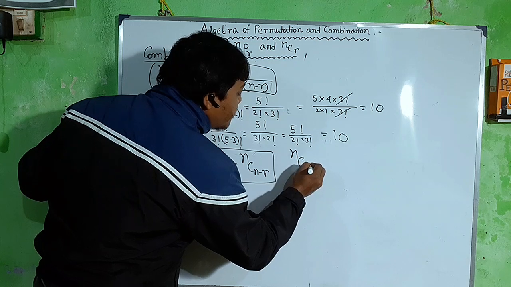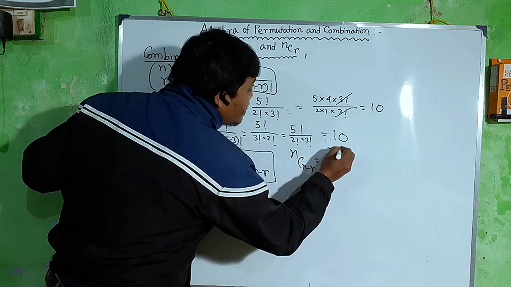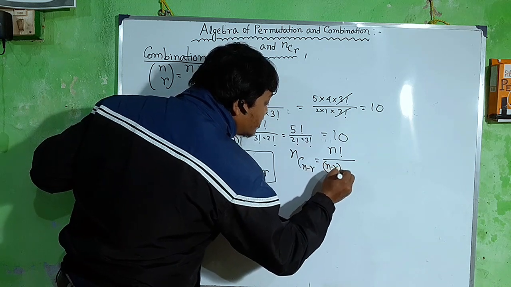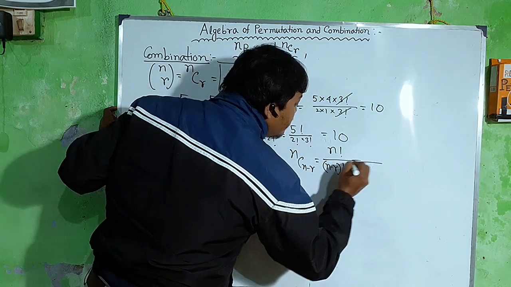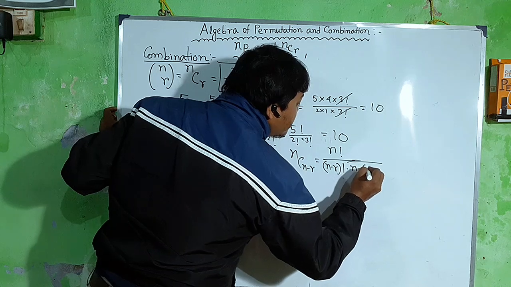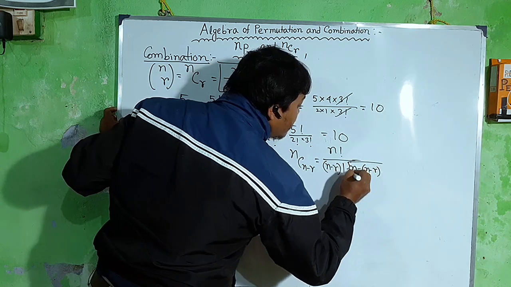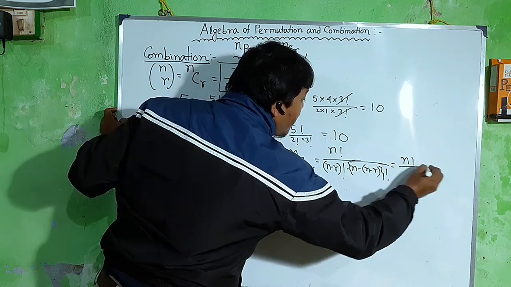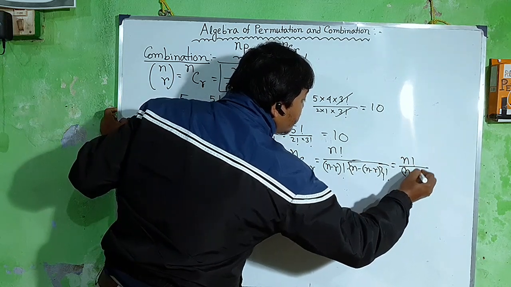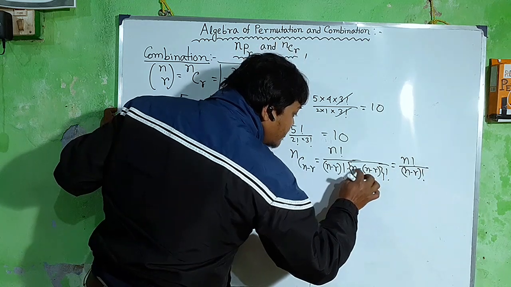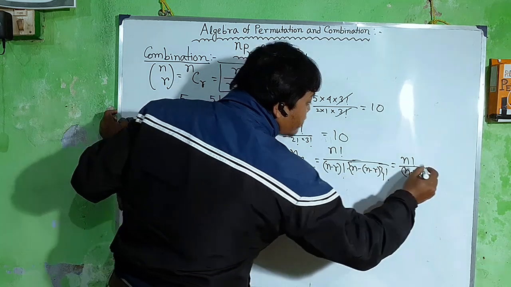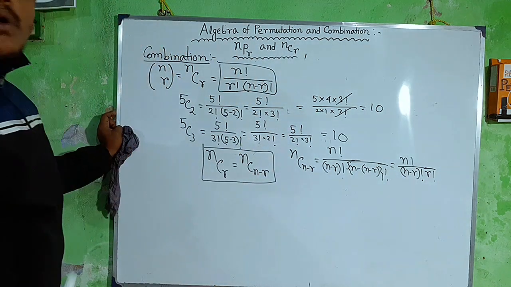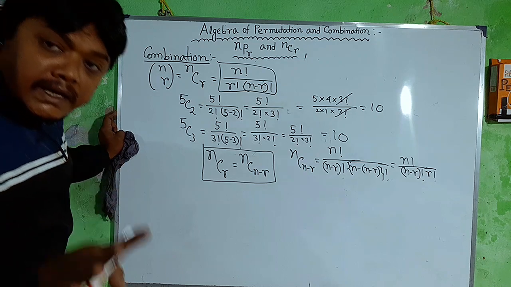According to the combination formula, nC(n minus r) is n factorial by (n minus r) factorial into (n minus (n minus r)) factorial. So you get n factorial by (n minus r) factorial, and the n cancels, minus plus r, so this is r factorial.